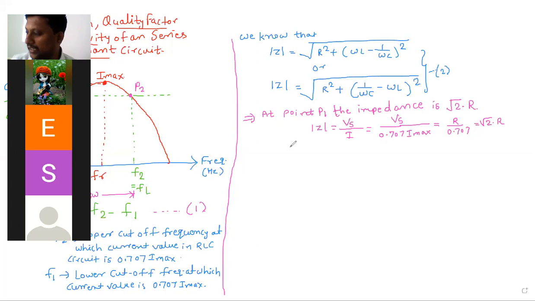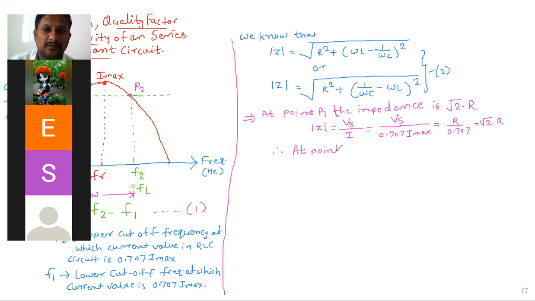Before that, the impedance at P1: which is greater, XL or XC? XC is greater than XL. We already learned this in the impedance and phase angle topic, so we take the reference of that.